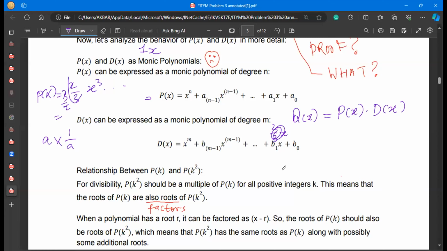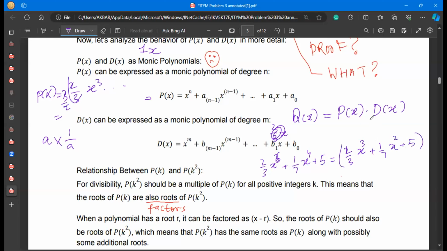I'm confused about which one is easier. q of x is 2/3 x to the 6th power plus 1/7 x to the 4th power plus 5. And p of x is 2/3 x to the third plus 1/7 x squared plus 5.